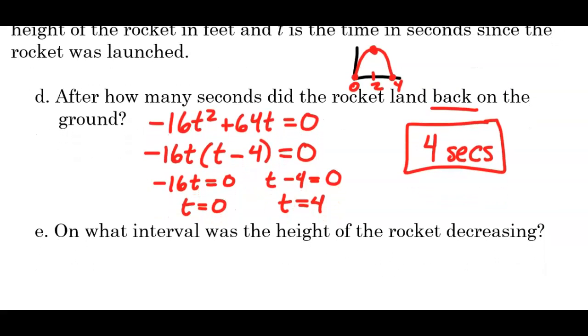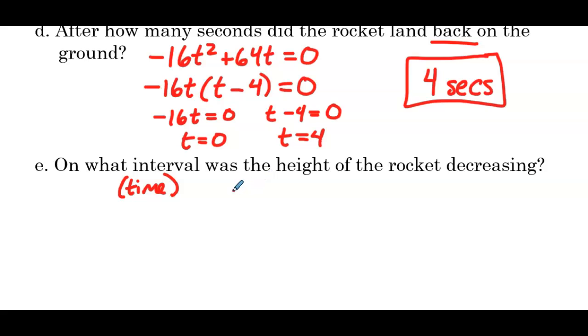On what interval was the height of the rocket decreasing? Okay, so interval, we're talking about a time interval. So t values. Well, sketching out the height of the rocket above the ground with relation to time actually helps us here. The height of the rocket is decreasing from time 2 to time 4.